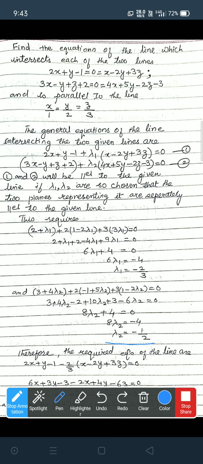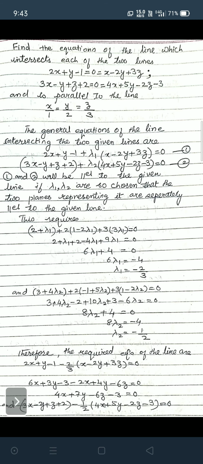Therefore, if we substitute the value of lambda 1 in 1 and the value of lambda 2 in 2, we get the equations. So the required equations of the lines are 2x plus y minus 1 plus lambda 1, equal to minus 2 by 3, x minus 2y plus 3z equals 0. Solving this, we get 4x plus 7y minus 6z minus 3 equals 0.